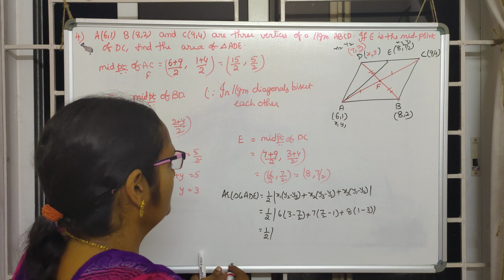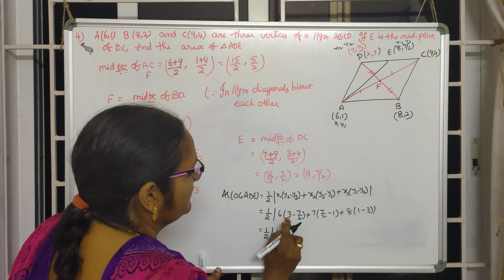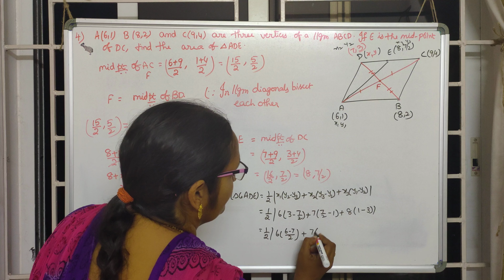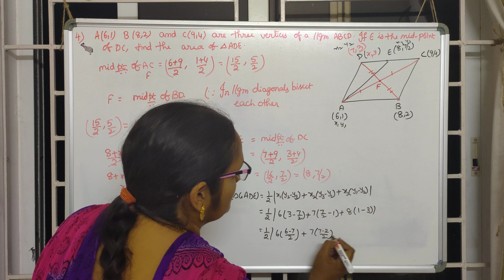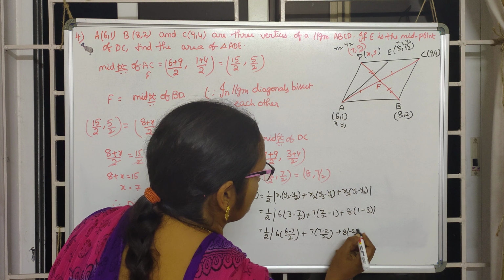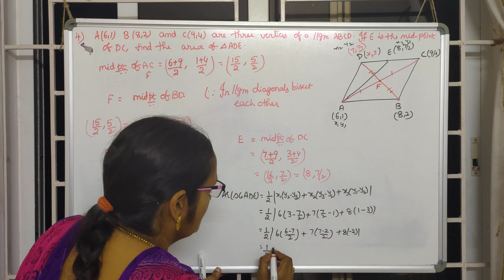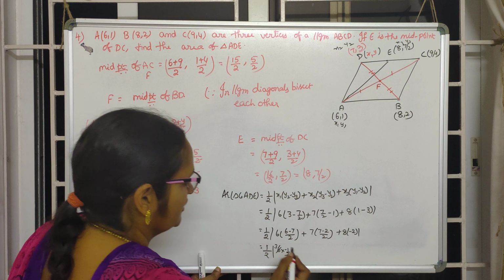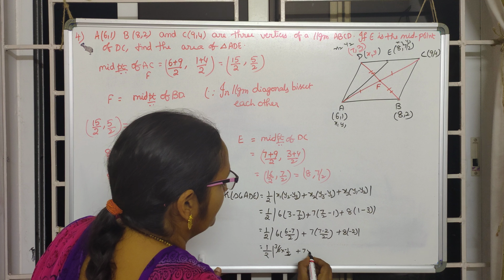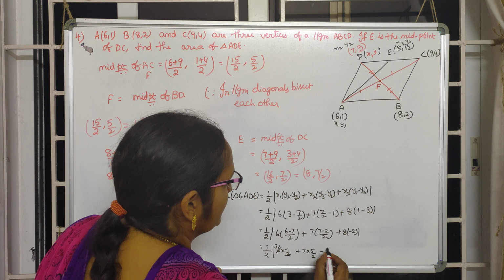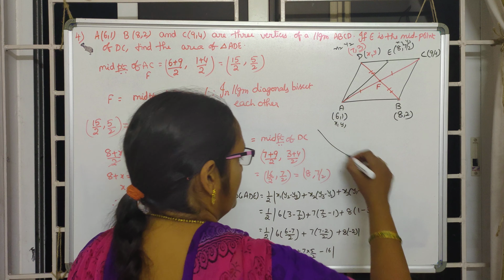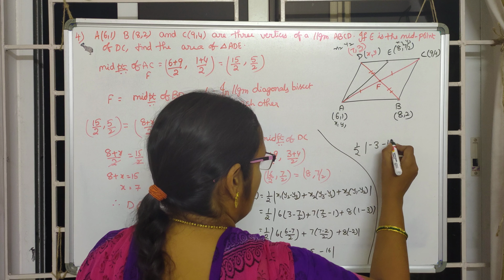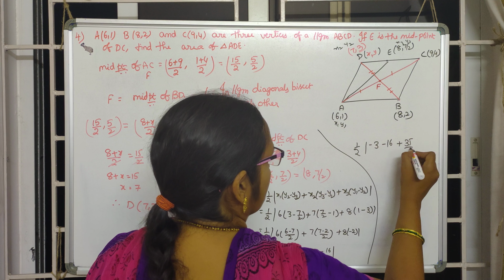Half modulus of 6 into (2 3s are 6 minus 7)/2 plus 7 into (7 minus 2)/2 plus 8 into minus 2. Half modulus of 6 into minus 1/2, cancellation, 2 3s are 6, plus 7 into 5/2 minus 8 2s are 16. Then half modulus of minus 3 minus 16 plus 35/2.